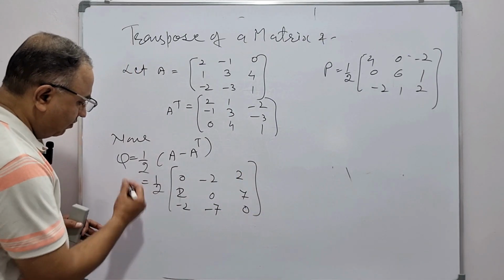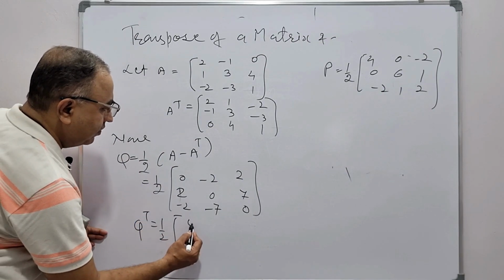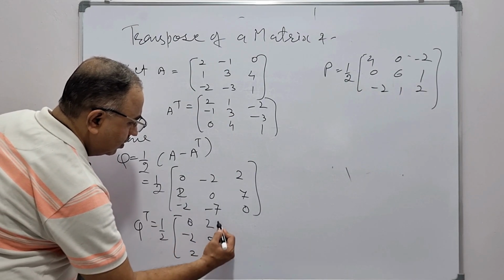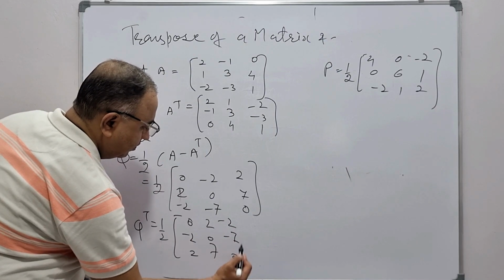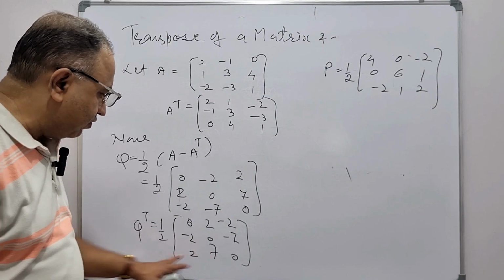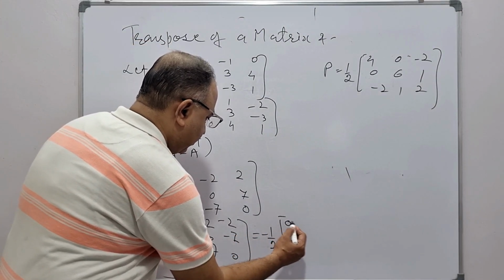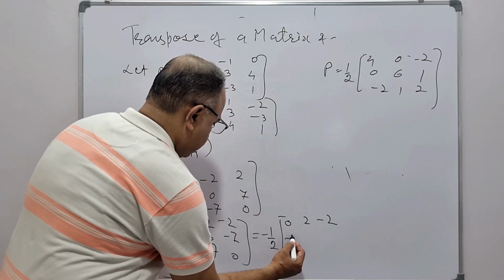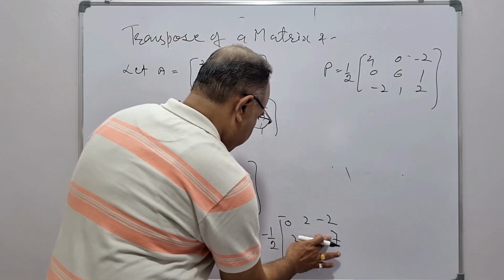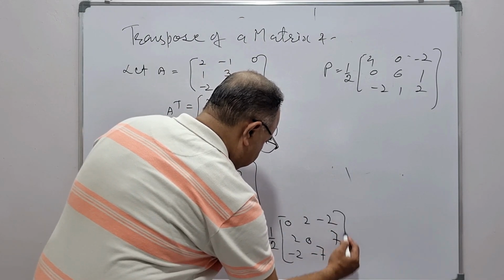This is Q here. Now when you find its transpose here, convert rows into columns. First row becomes first column, second row becomes second column, third row becomes third column. But you see that all these entries got multiplied by minus 1, so we take minus out. And you see that their sign changes. Minus out, so minus 2, minus 7 and 0.